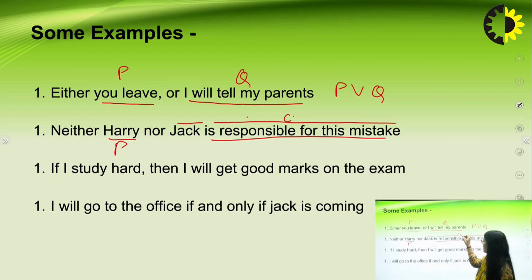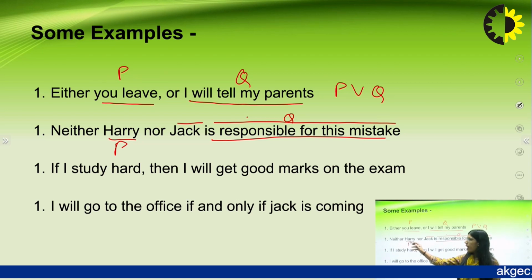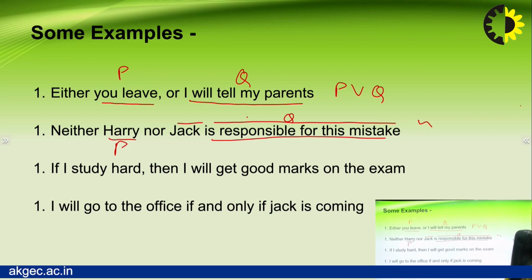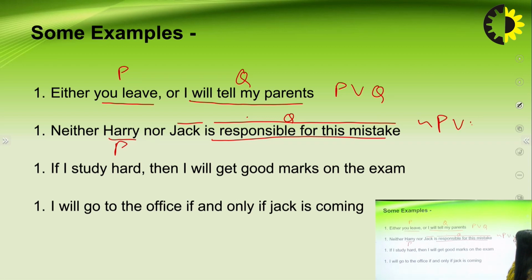So we can write it as Q. If we take Harry is responsible for this mistake as proposition P and Jack is responsible for this mistake as proposition Q, then we can write this sentence in the form where neither P nor Q. We can write it this way.